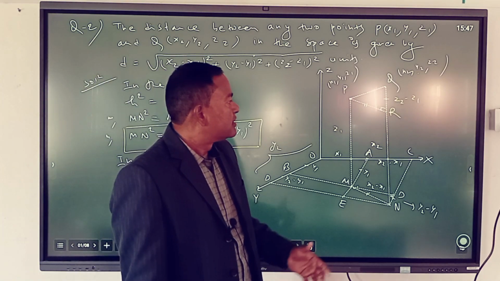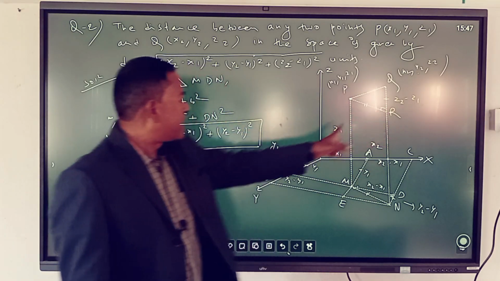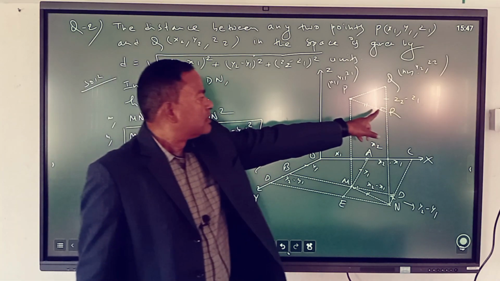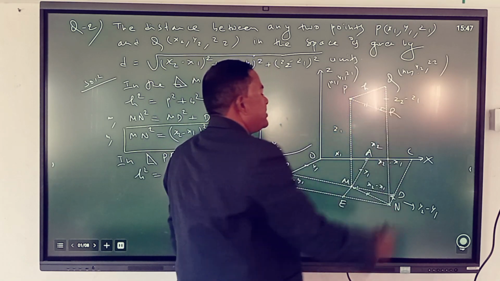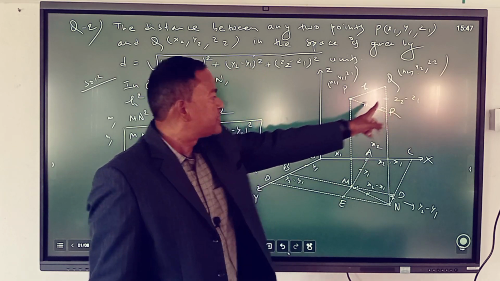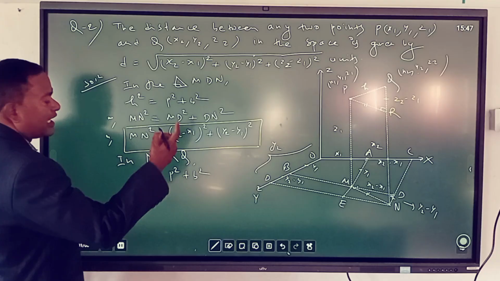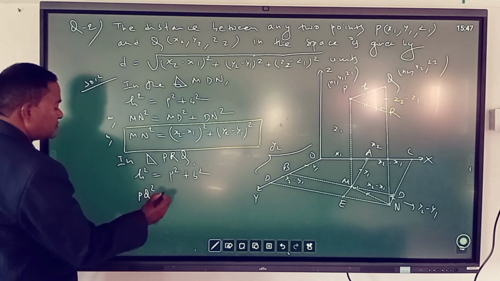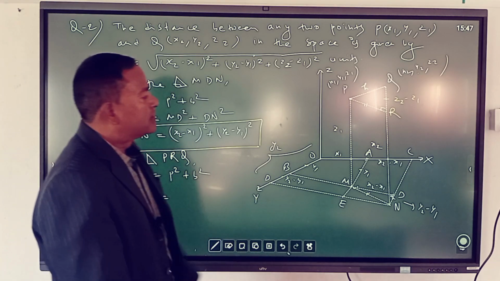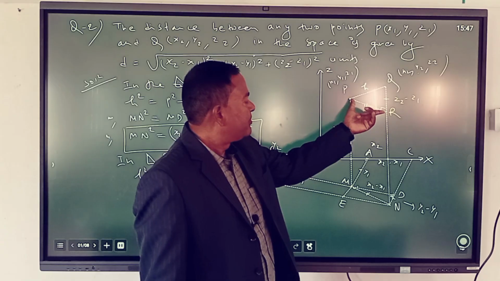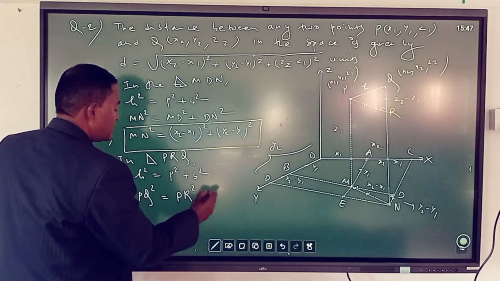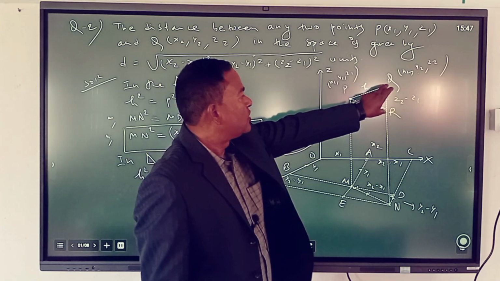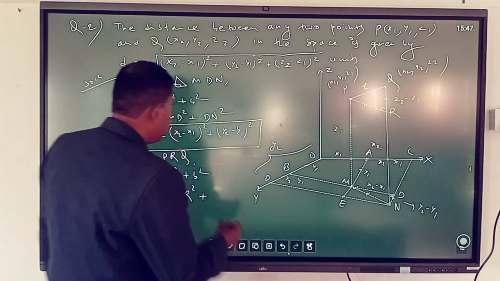So dear student, now in the right angle triangle PRQ, the side opposite to the right angle is the hypotenuse. So PQ we can take as the hypotenuse. Let us put the value of hypotenuse. Perpendicular, let us take PR as the perpendicular and QR as the base.